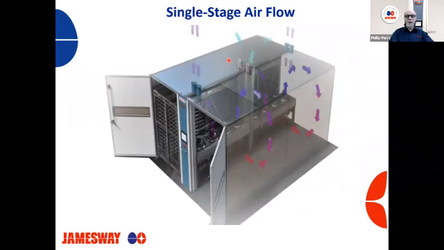Now we'll take a look at multi-stage. This is a P80 unit, a dual zone. So our intake air comes in through the middle, through the intake duct, down and disperses along the sides where the fans pull the air through and then circulate it within the cabinet. And then we have an exhaust in the front and an exhaust in the rear. If you have a P40 or P60 cabinet, you'll only have the one exhaust, which is normally located in the rear.